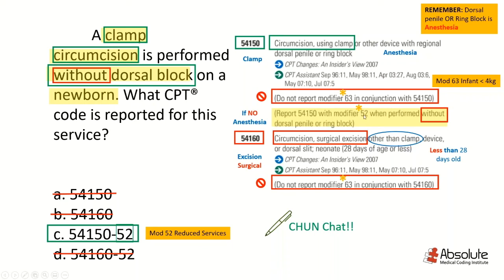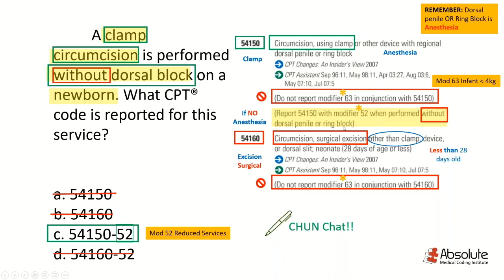If no anesthesia, this is without the dorsal ring block, then you're going to use the 52. And then if they're talking about surgery, sometimes they do it surgically, then that's when you would use the 54160. So if you're curious, this is how I have it notated in my book. Excision surgical. If no anesthesia, meaning without that dorsal penile or ring block, then you're going to need the 52. And this is without it. And this is your clamp. And that's when it has the anesthesia. So you can either put that there, but really just this will do you.